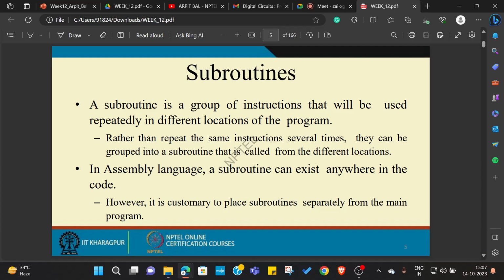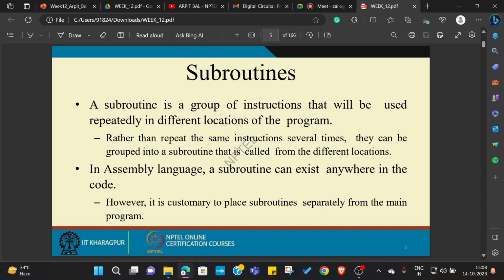Let us say there is a particular task which can be used by different sections of the program. Instead of writing that task several times, you can define a subroutine, and that can be called several times. Let's say that's a 5-line code, so you need not write 5 lines each time. You just define that subroutine in a location, and you just do the call to that subroutine.